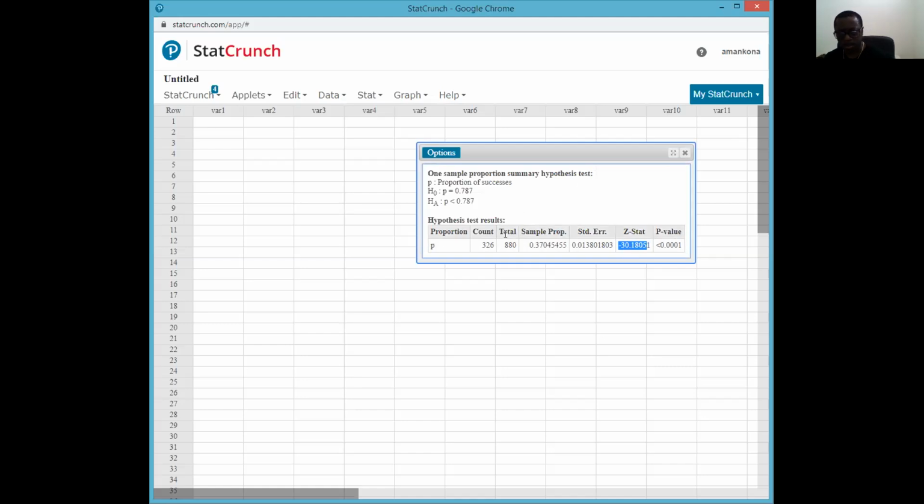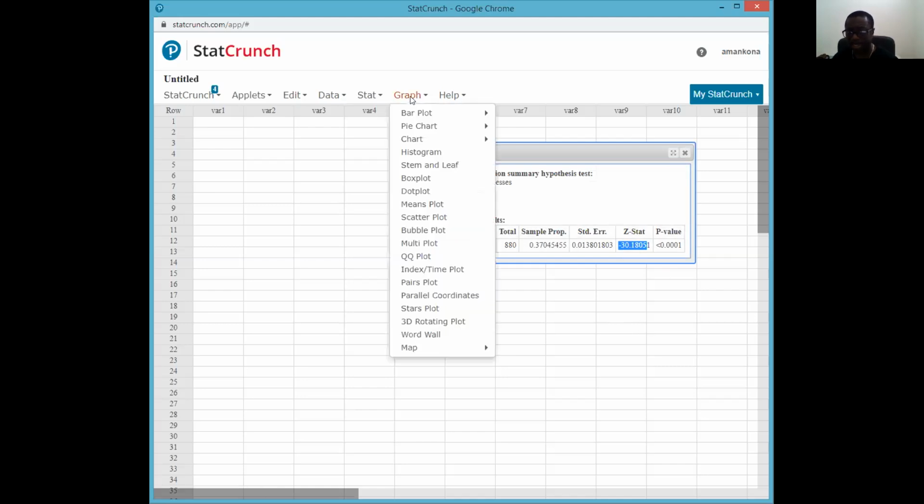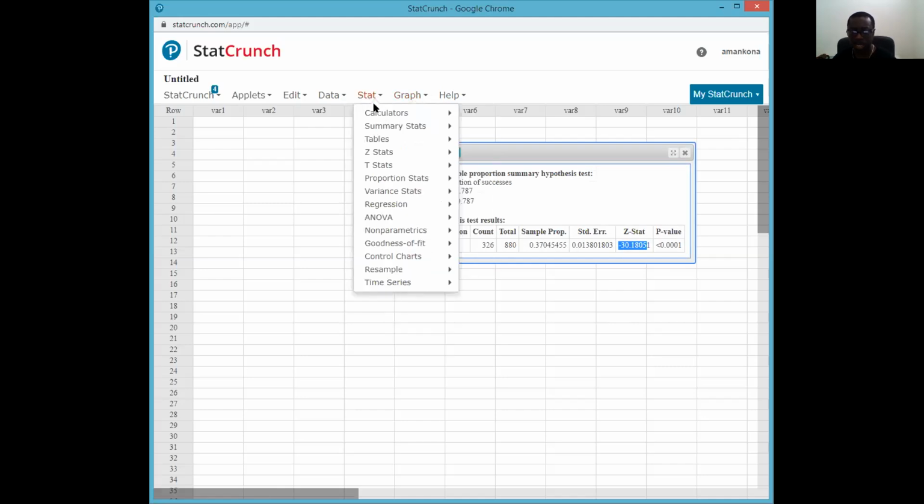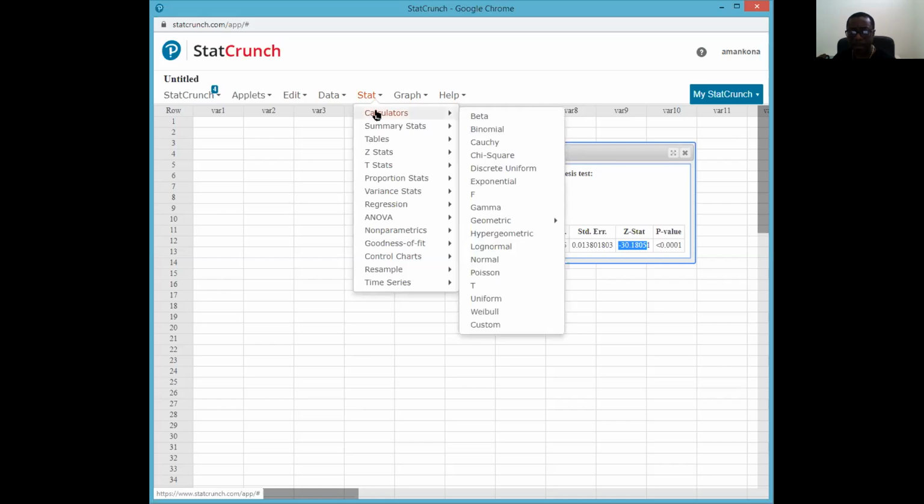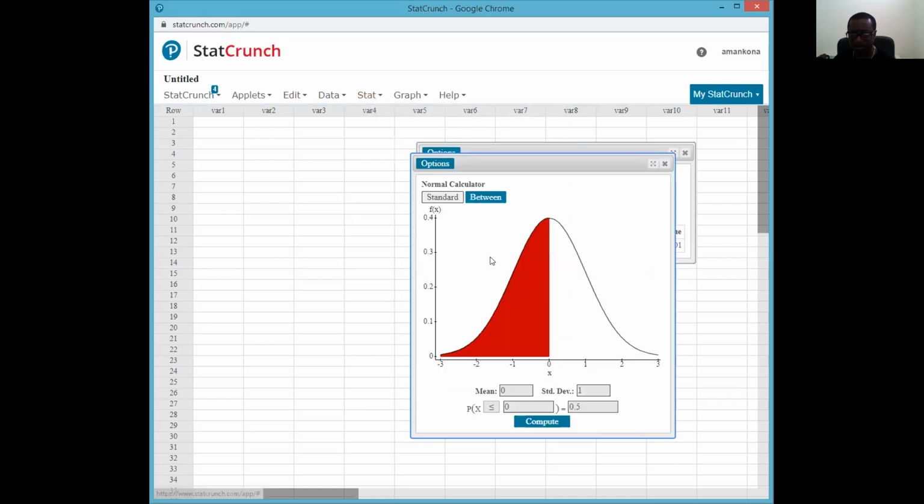Now, for the critical value approach, we need to calculate the critical value, because it's a left tail. How do you do that? I'm going to show you here so that I don't have to come back. This is Calculators. You go to Normal distribution.